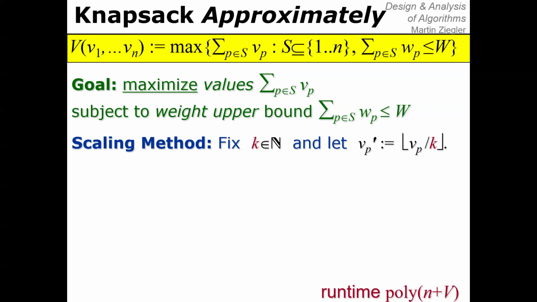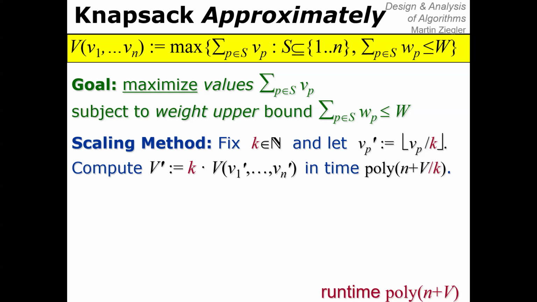But since we round down, it could actually go down a little bit further than a factor of 5. So we not only scale, but we round down. If we now run our dynamic programming to calculate the optimal value in units of thousands of won, and then multiply it back with 1,000 to recover the original amount in won, then we can do this in time polynomial in n, the number of packets, plus the optimal value divided by k. So 1,000 times faster, that's good, right?